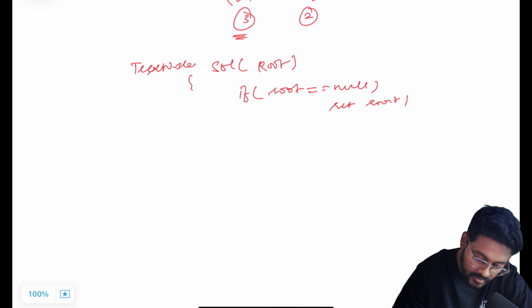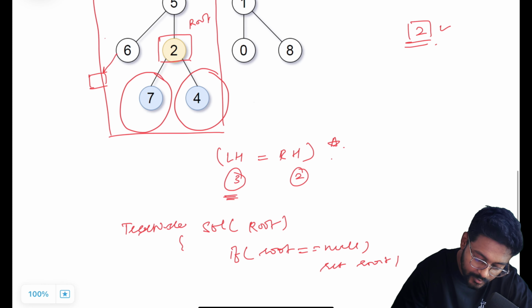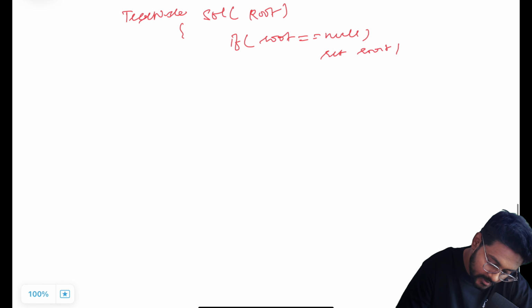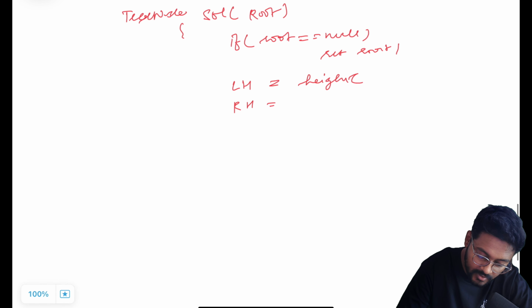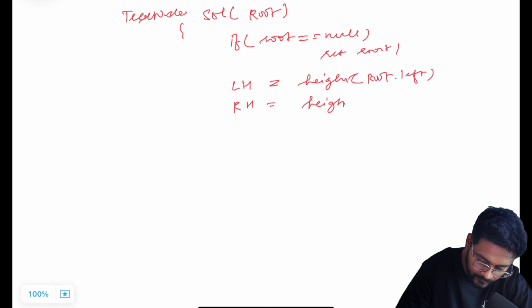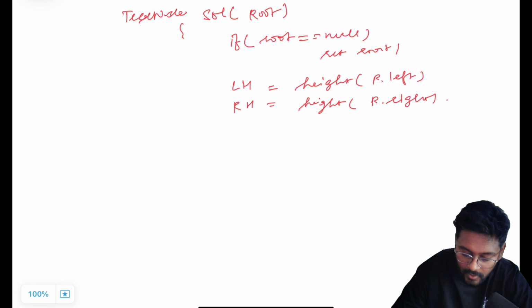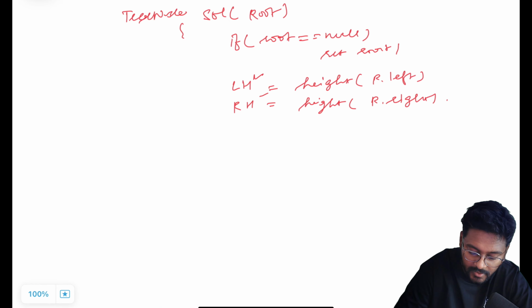Otherwise what we are going to do is capture these two properties, left height and right height. Let's say height is another utility function, height of root dot left, height of root dot right. Now we have left height and right height.